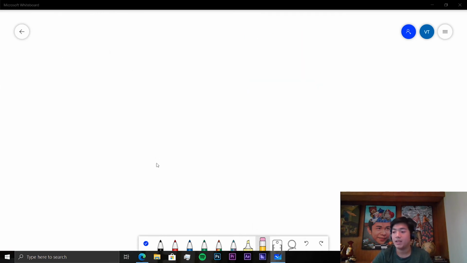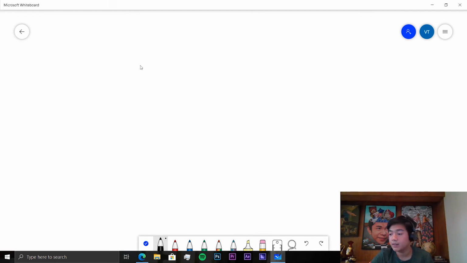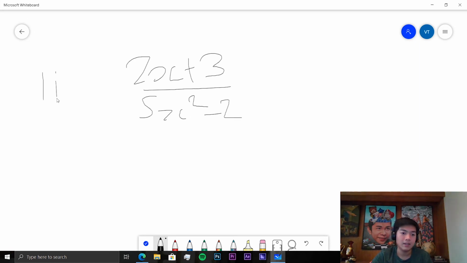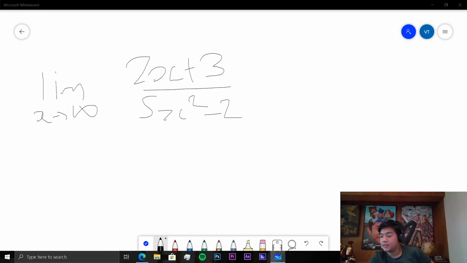So for the next one we need to get 2x plus 3 over 5x squared minus 2, the limit as x tends to infinity of this. And so, what do we get?